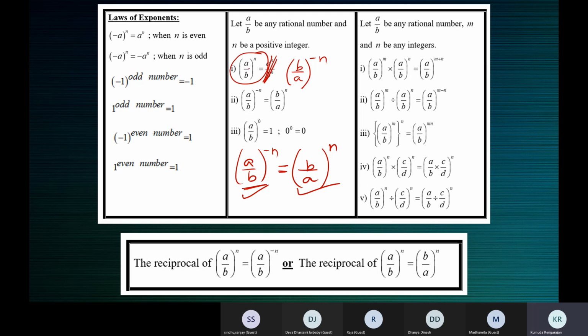Take the reciprocal of the base, A by B becomes B by A, and write the negative of the power, n becomes minus n. When you make both the changes, you are writing the equivalent of the given expression. I'll repeat.